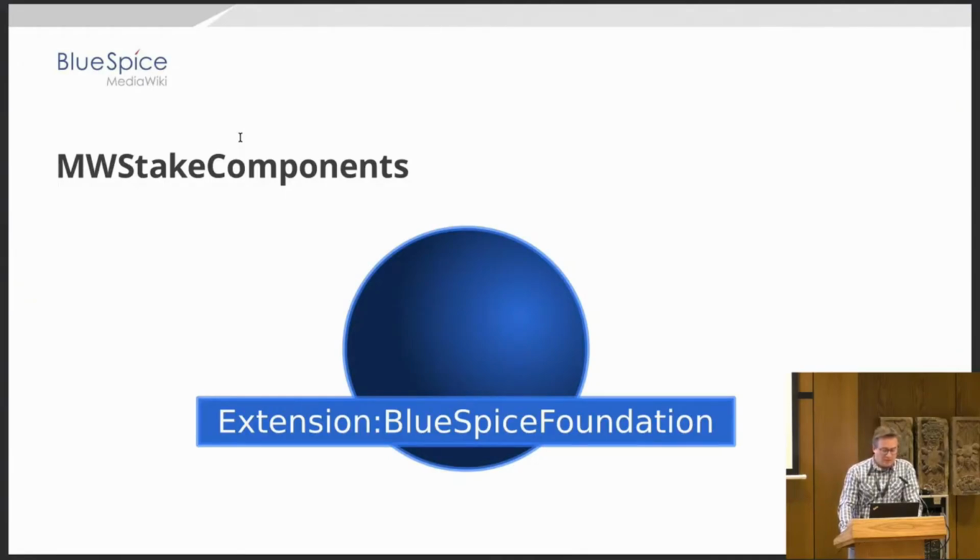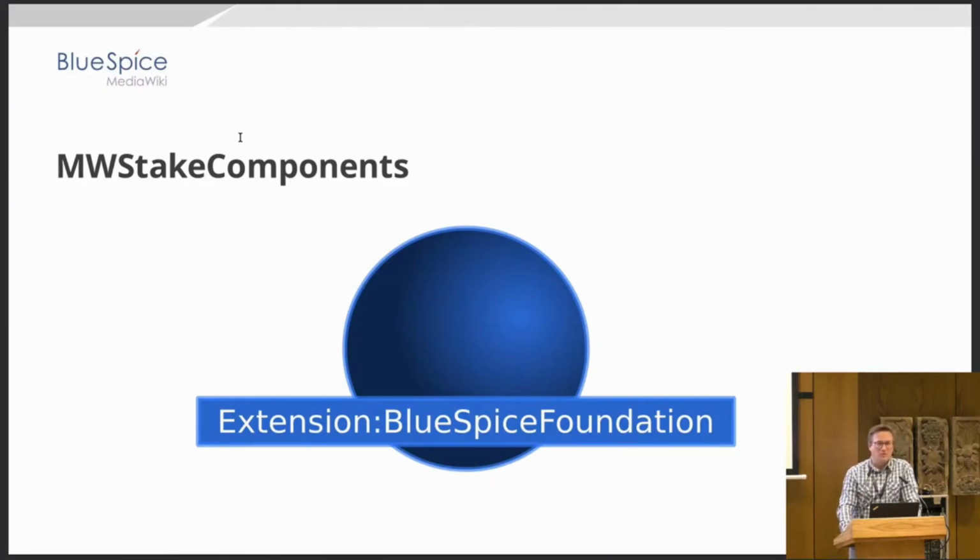The problem with that approach was that it made this BlueSpice Foundation extension grow rather big, and it was a dependency to a lot of extensions. And a couple of years ago, we started to create more and more non-BlueSpice extensions as well.